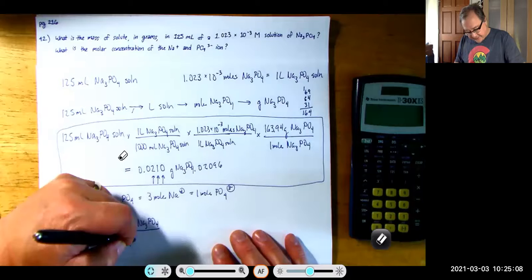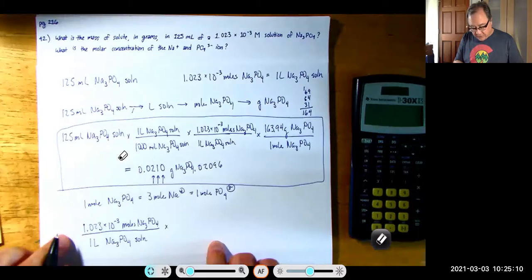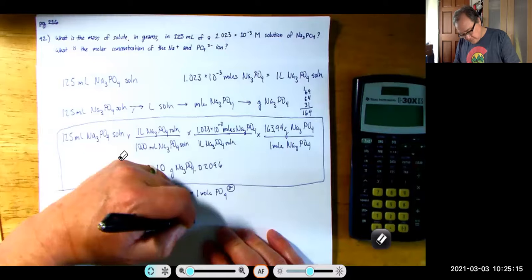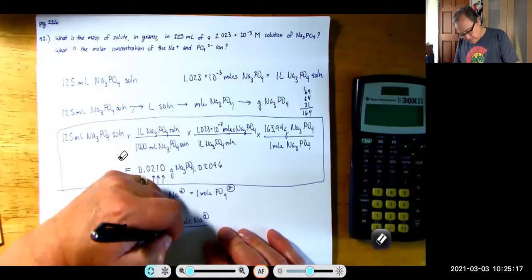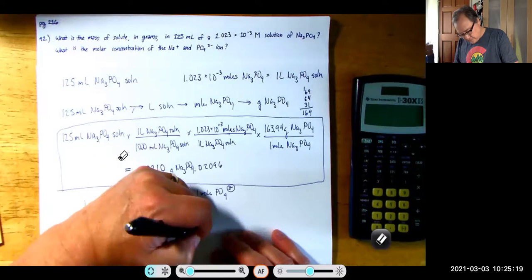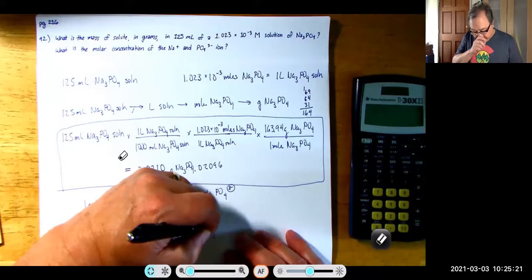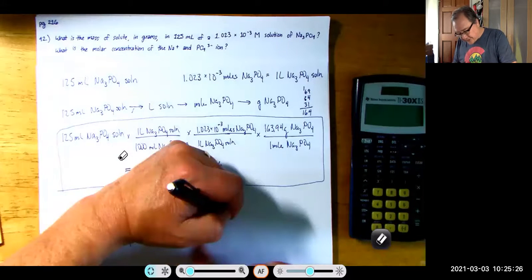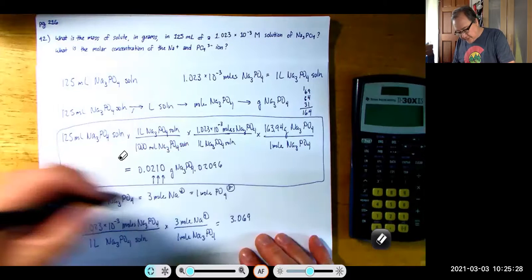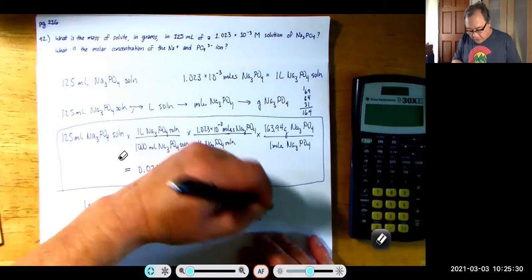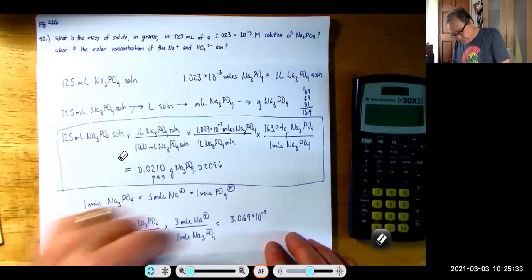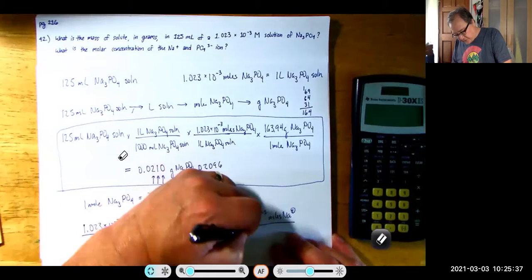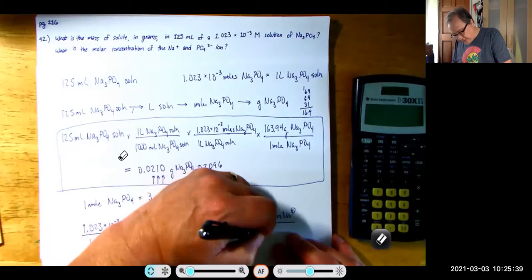So if we take this and we use the 3 moles of sodium, you can see that we're going to get 3.069 times 10 to the minus 3 moles of sodium per 1 liter of sodium phosphate solution.